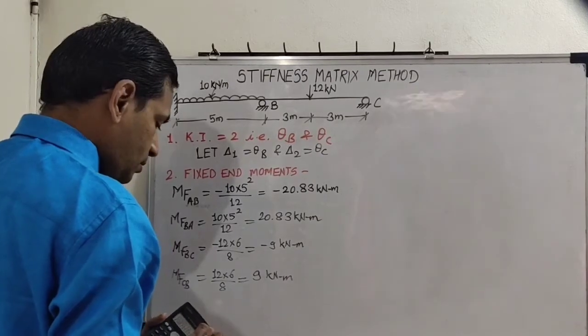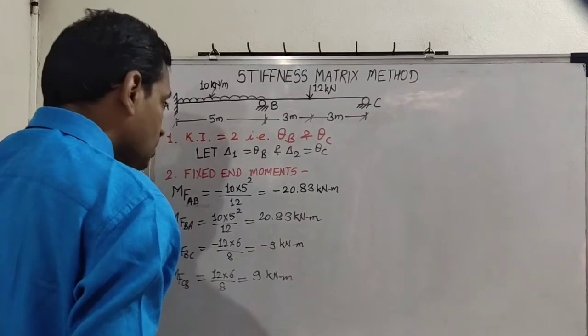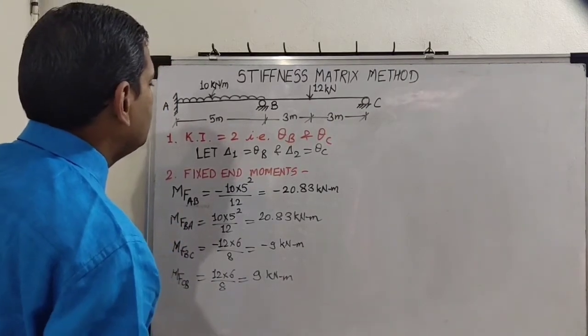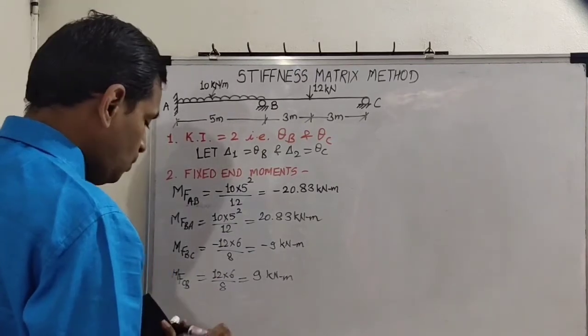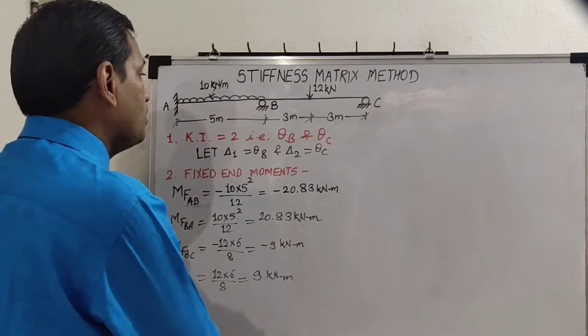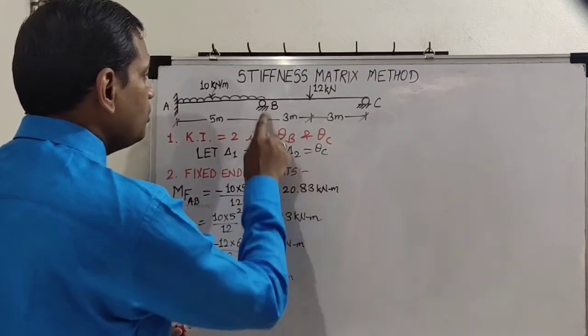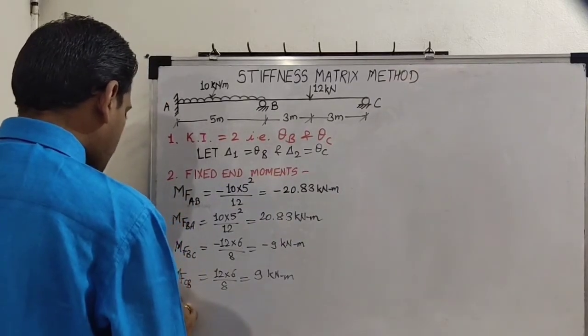Then step number 3 will be finding out summation of fixed end moments. So why to find fixed end moments? Because our two unknowns are rotations. So at these two locations B and C, we will find summation of fixed end moments.